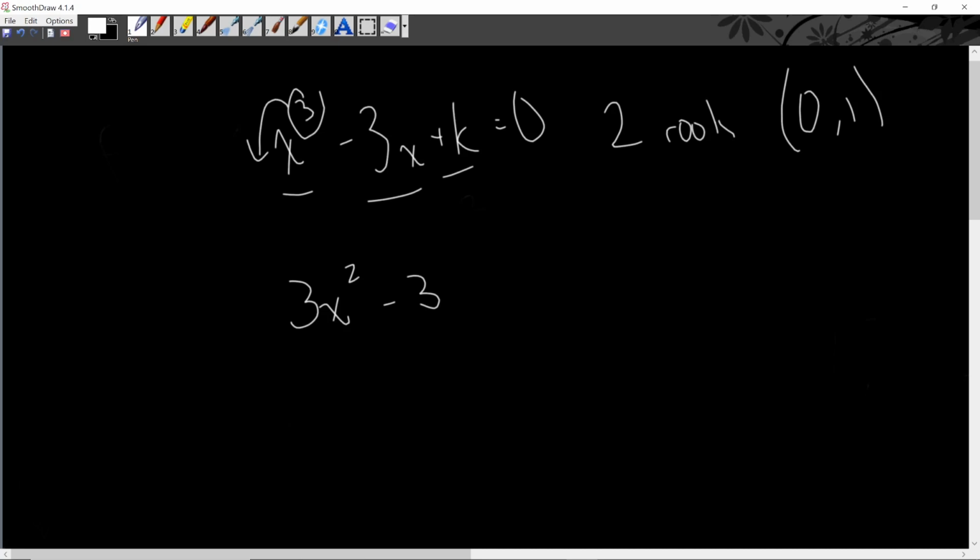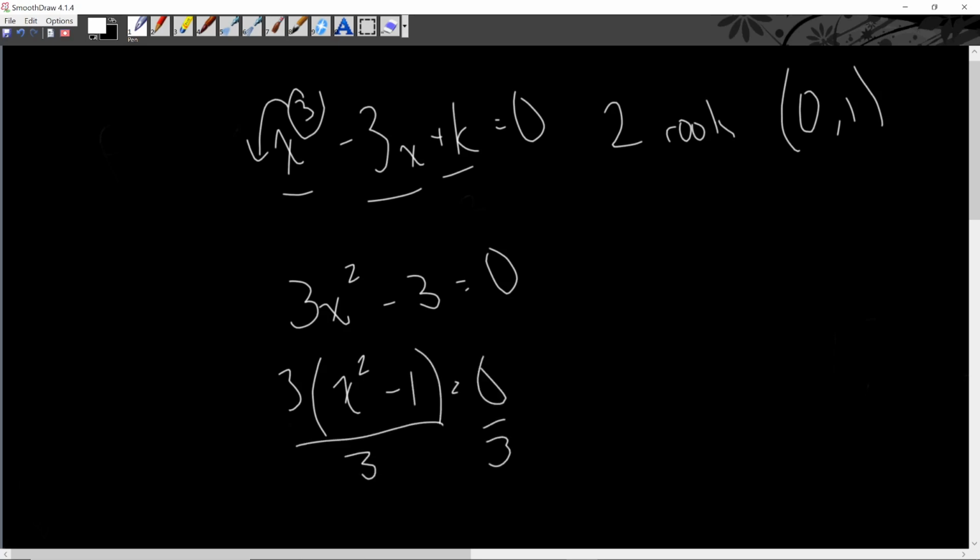Then from here, y prime equals 0, so let's let this equal 0. We'll have 3x squared minus 3 equals 0. We can divide both sides by 3. I could have put the 3 on the other side, and that might have been a little bit easier. But we'll have x squared minus 1 equals 0.